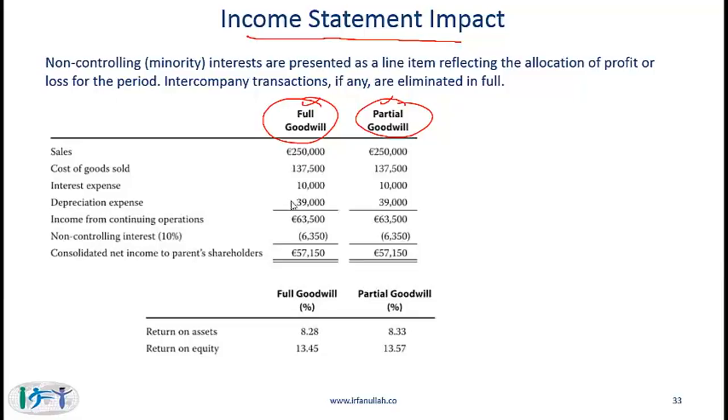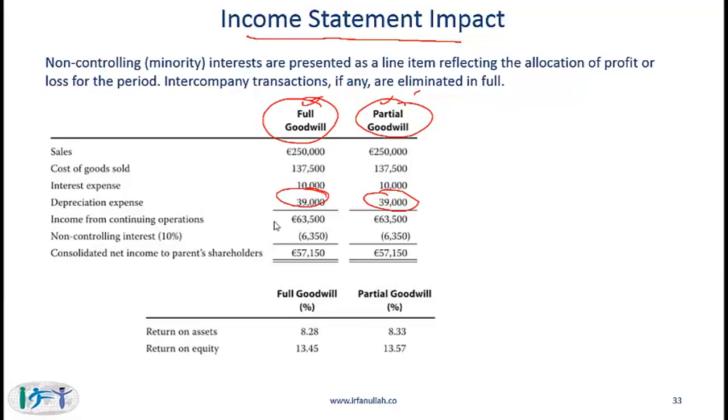The depreciation expense is the same for both approaches because the property, plant and equipment is the same regardless of the method, and it is also the same regardless of whether we use IFRS or US GAAP.